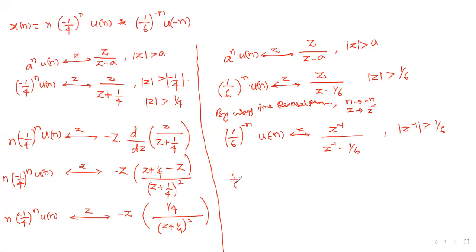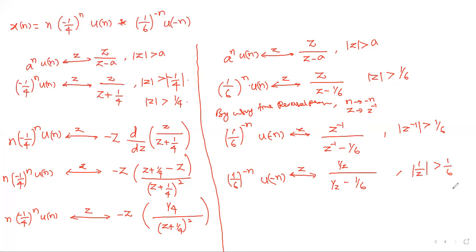Now 1 by 6 whole power minus n u of minus n, z transform is, z inverse is nothing but 1 by z. So we will get here 1 by z divided by 1 by z minus 1 by 6. So now z only you take common, and here it will be 1 by z greater than 1 by 6.